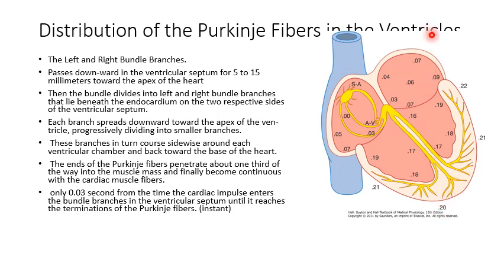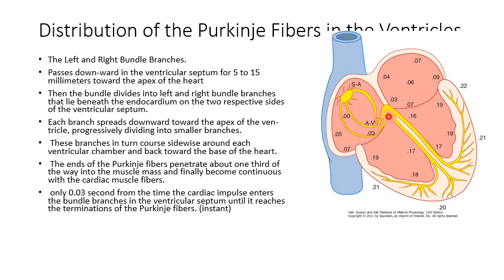So the heart has a base, which is this, and an apex. If we look at the heart as a pyramid, it has a base at the top, and an apex at the bottom.